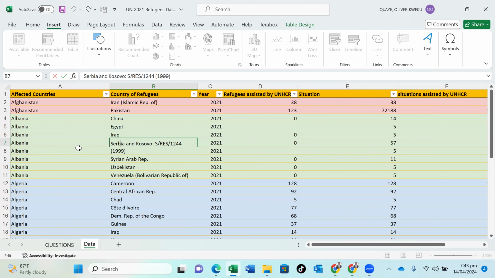So how do we know that the 1999 is the ideal value, or that Serbia and Kosovo are the ideal values to be fixed over there? If you put 1999 there, it doesn't make sense. So in cleaning this data, we will thank Hayford very much for giving us this insight. To me, I would replace the 1999 with Serbia and Kosovo.